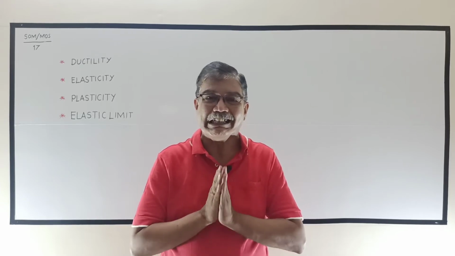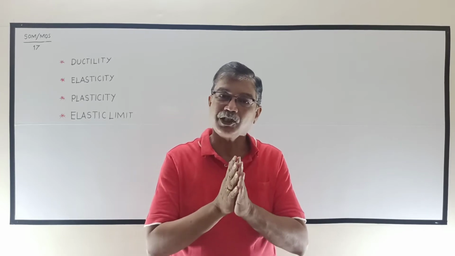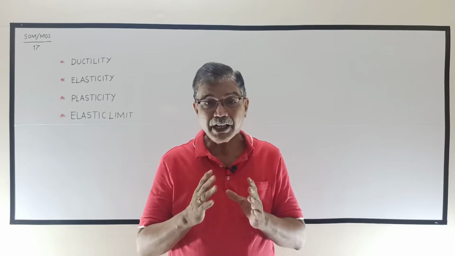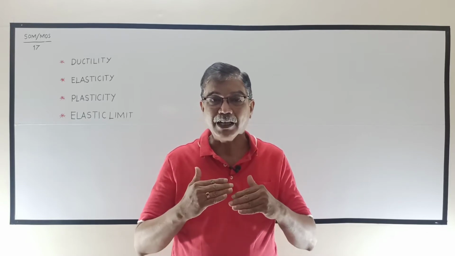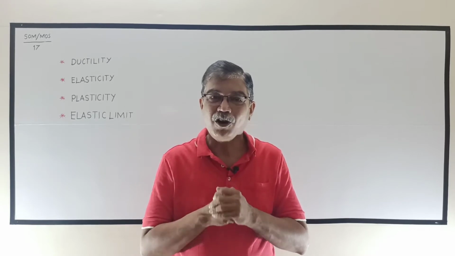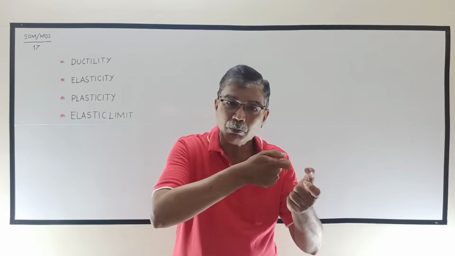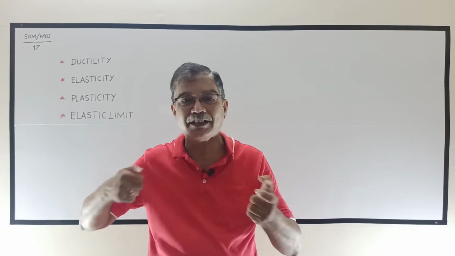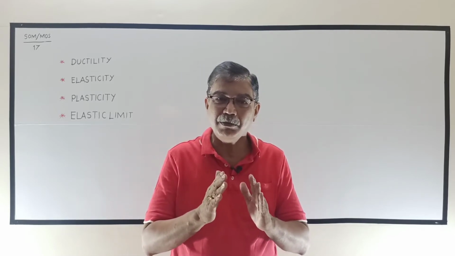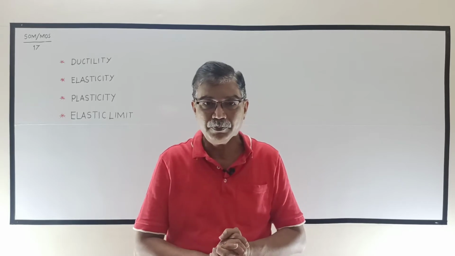Now this ductility can be measured with the help of percentage elongation. Some materials are having higher ductility, and for those materials you can draw those metals into thin wires. In short, whatever wires are available in market, all those are ductile.